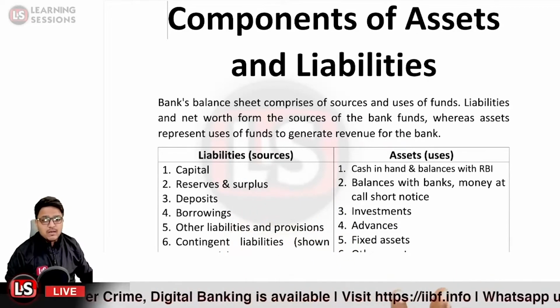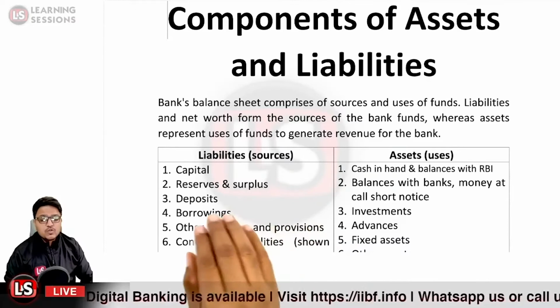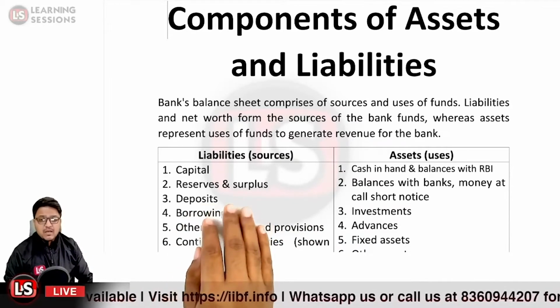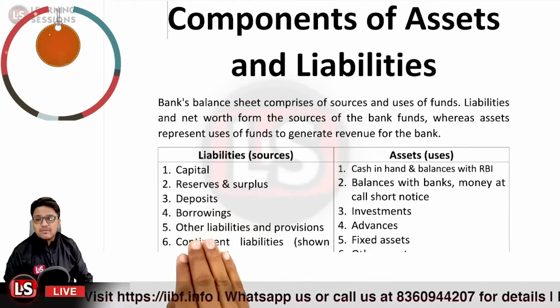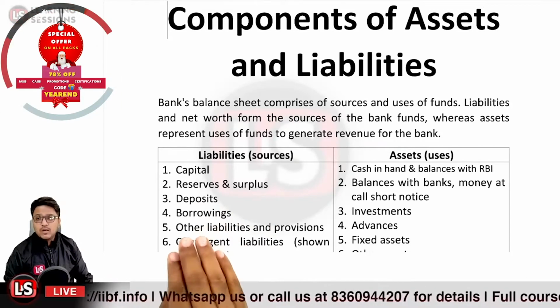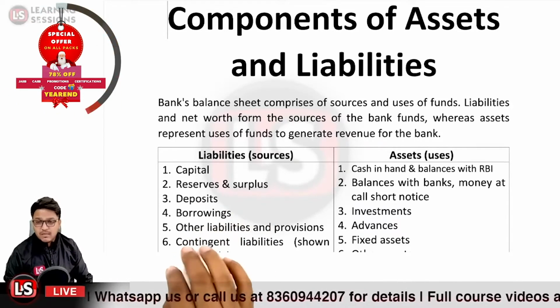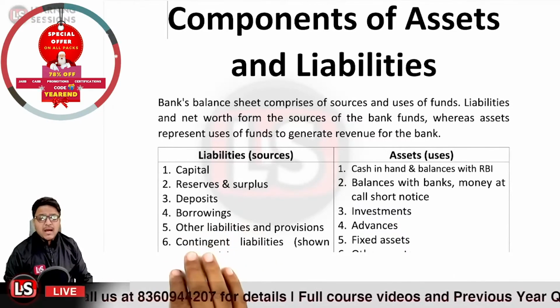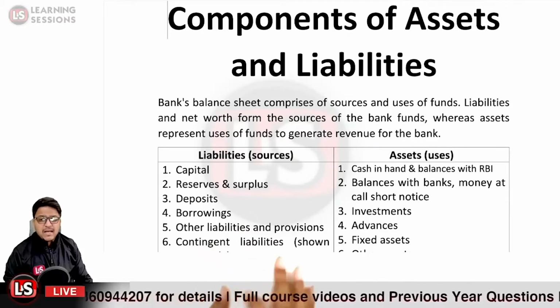Then we have, otherwise we have already gone through it, the deposits that banks have, and the borrowings the banks have taken. It may be related to Reserve Bank of India borrowings, or borrowings from the interbank market. Other than that, there are other liabilities and provisions.